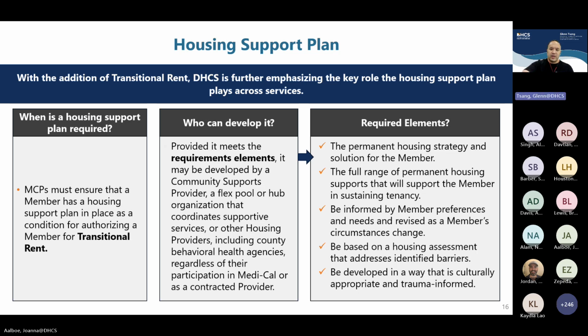Finally, the housing support plan must include the permanent housing strategy and solution for members, the full range of permanent housing supports that will support the member in sustaining tenancy, be informed by member preferences and needs and revised as the member's circumstances change. Additionally, it must be based on a housing assessment that addresses identified barriers and be developed in a way that is culturally appropriate and trauma-informed.